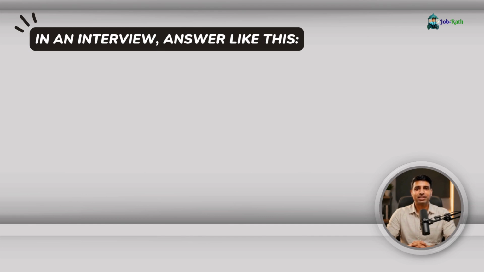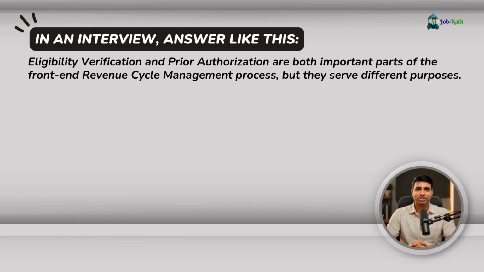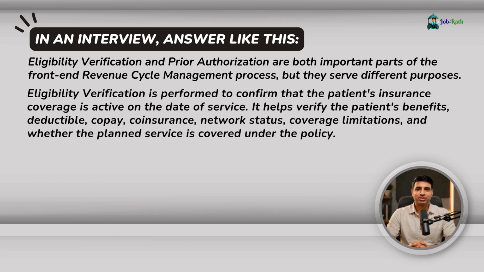You can answer like this. Eligibility verification and prior authorization are both important parts of the front-end revenue cycle management process, but they serve different purposes. Eligibility verification is performed to confirm that the patient's insurance coverage is active on the date of service.